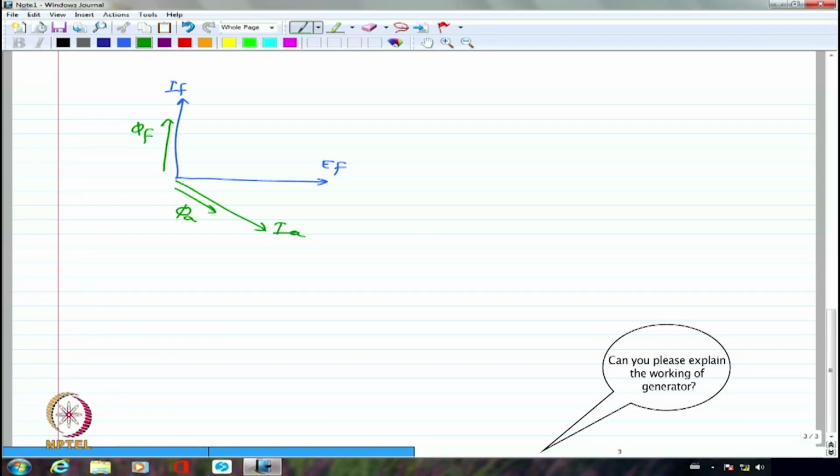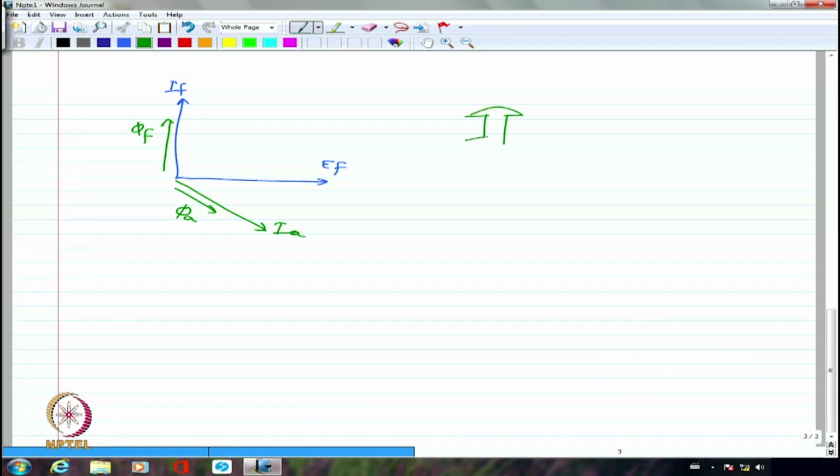Okay, the working of the generator: I have a magnet created either by a permanent magnet or an electromagnet. Fine. This magnet is being rotated at synchronous speed with the help of a shaft in the middle, which is attached to a prime mover.